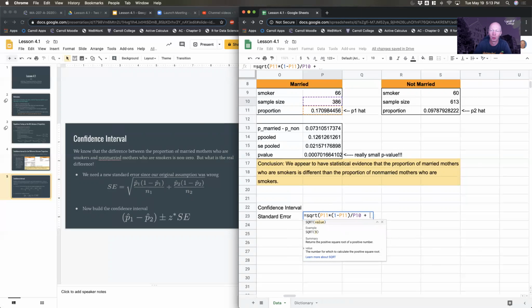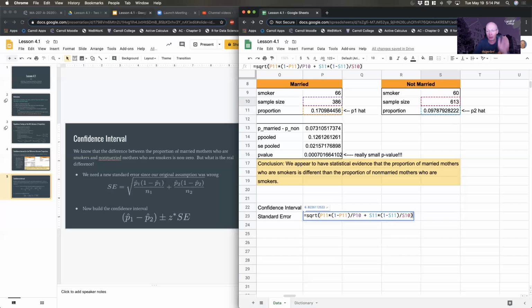Plus, now I'm going to do it again, P2 hat times parentheses 1 minus P2 hat, divided by sample size. Now I'm going to end the square root. Okay, so I get a standard error formula that's not based on the assumption that the two proportions are equal.